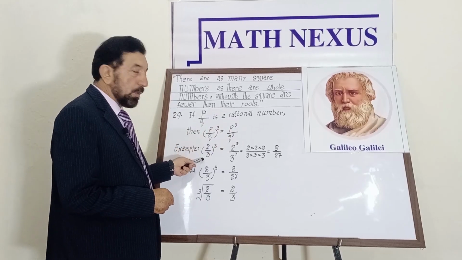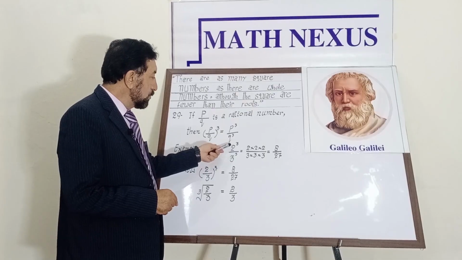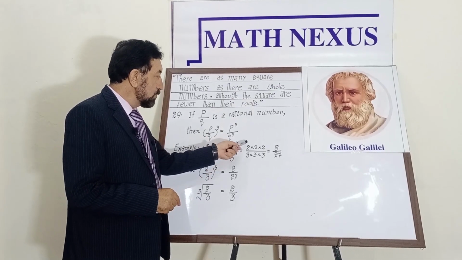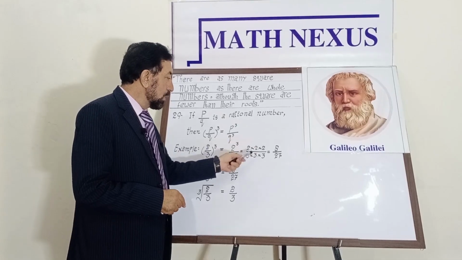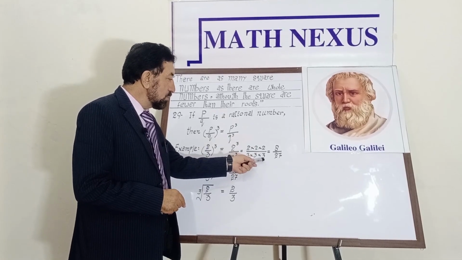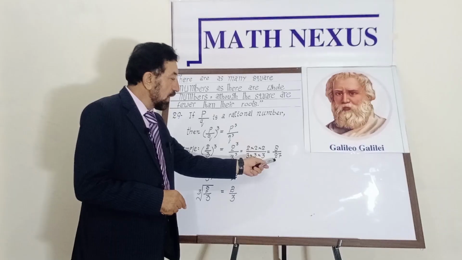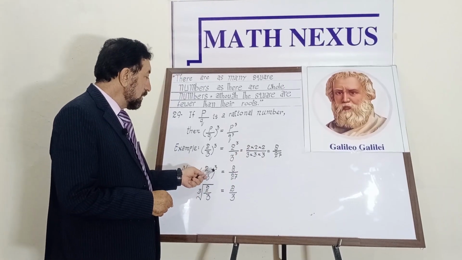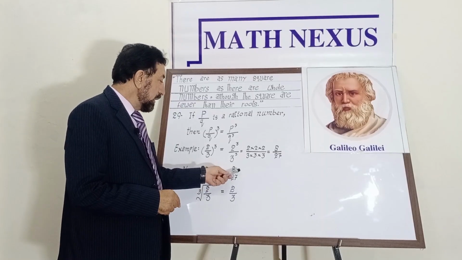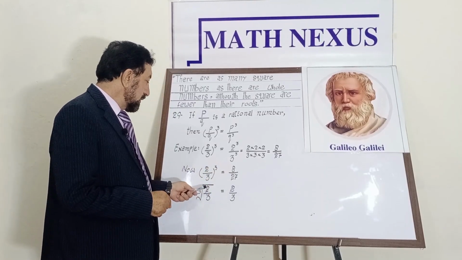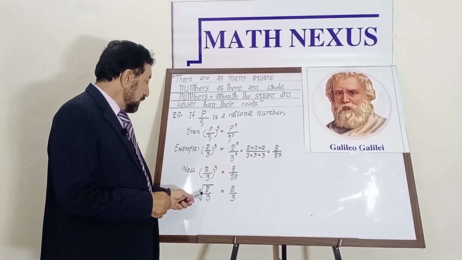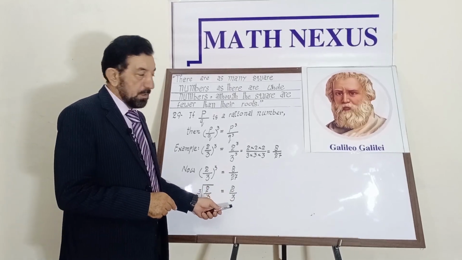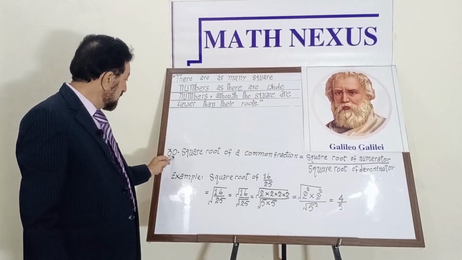Example, 2 upon 3 whole cube equals 2 power 3 upon 3 power 3 equals 2 into 2 into 2 upon 3 into 3 into 3 equals 8 upon 27. Now 2 upon 3 whole cube equals 8 upon 27, taking the cube root, 2 upon 3 is equal to 2 upon 3.